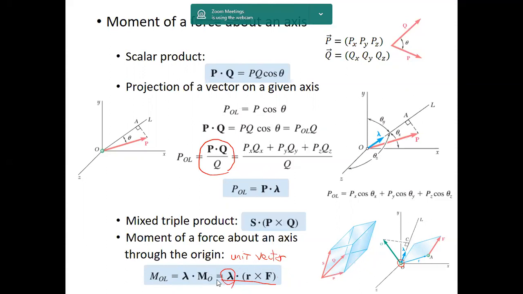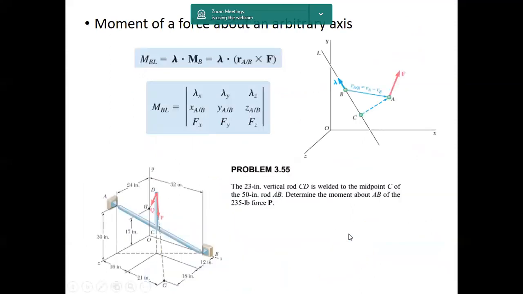So in this problem, the unit vector of the given axis is what you want the projection on.